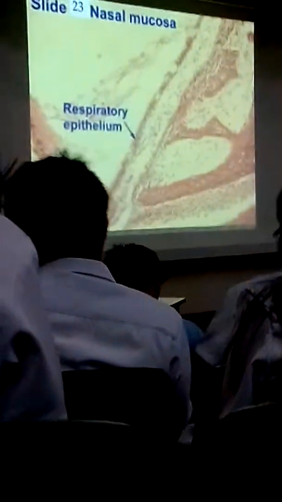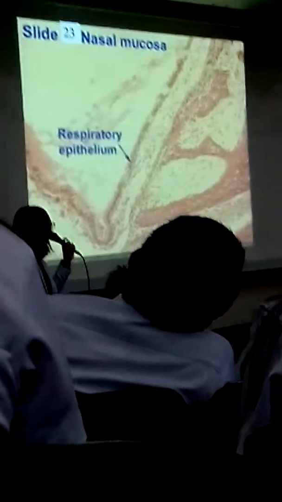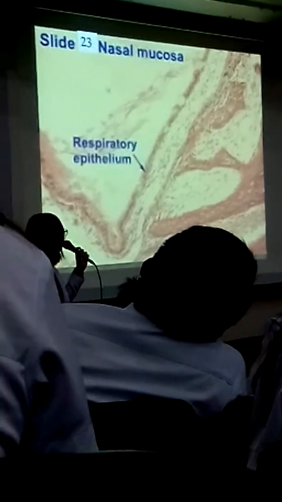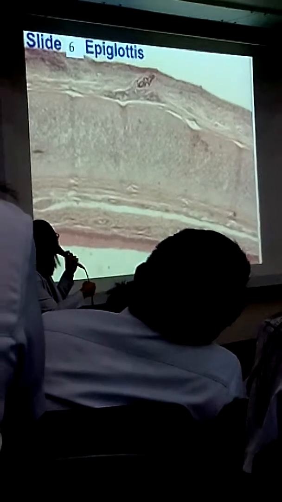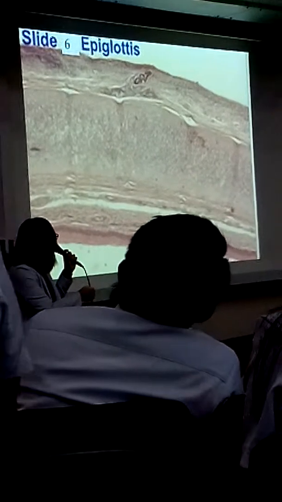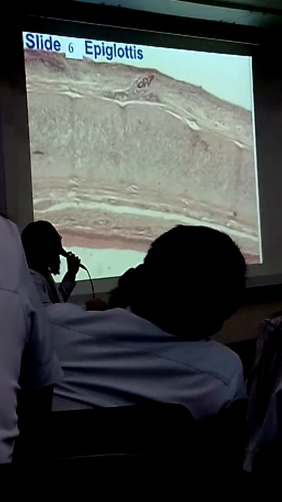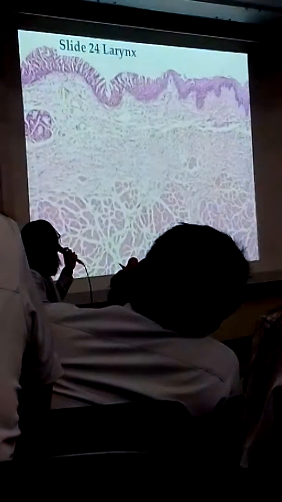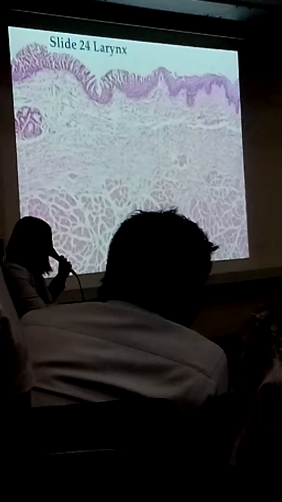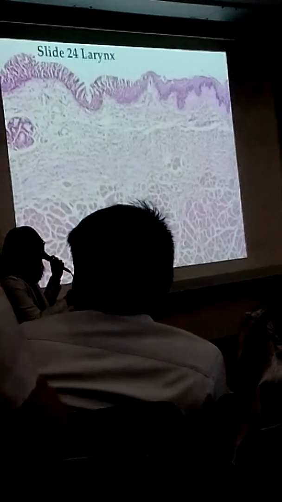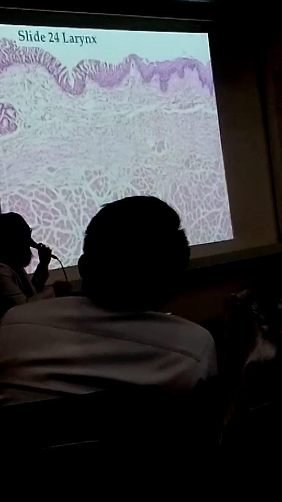You will be encountering the respiratory region of the nasal cavity. Take note of the mucosa, the layers, and the vascularity that I mentioned earlier. For the epiglottis, the lining epithelium, the cartilage, and the glands. The larynx: take note of the junction between your pseudostratified columnar ciliated and your stratified squamous epithelium.